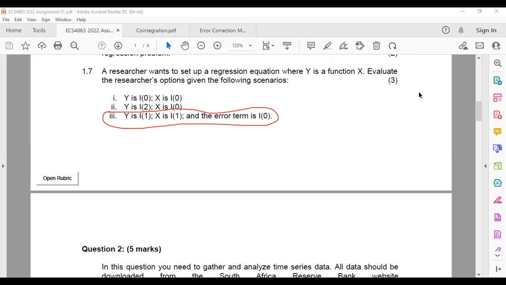This researcher wants to set up a regression equation where y is a function of x. If you are faced with this scenario, the encircled scenario, what are you going to do? Will you proceed with trying to come up with a model or not?